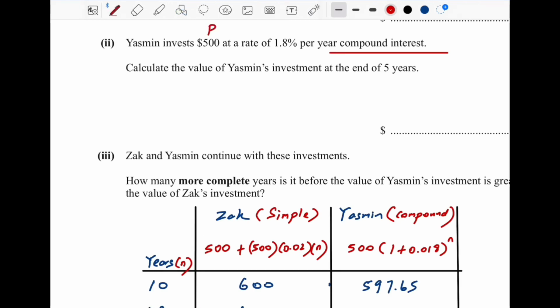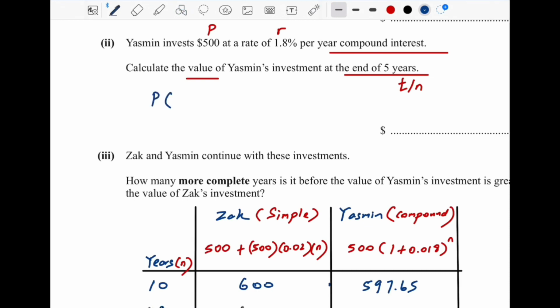This is the P, this is the interest rate, this is the T or N value. And we already know that for compound interest, the equation itself is including the principal. So you don't have to plus the P anymore. It's inclusive of the principal.